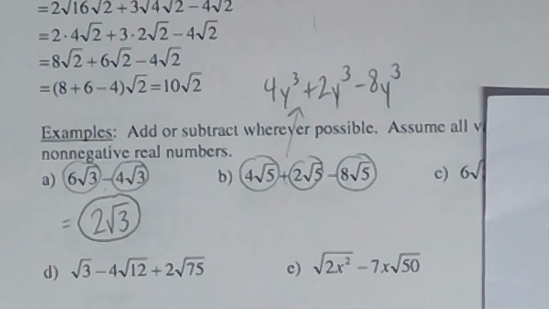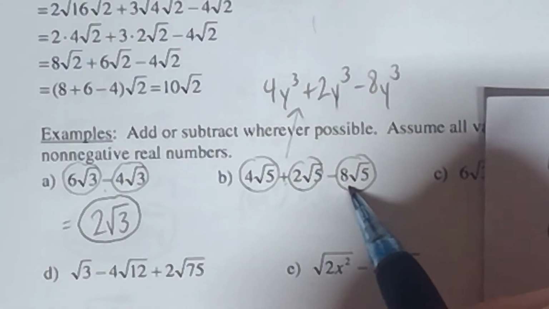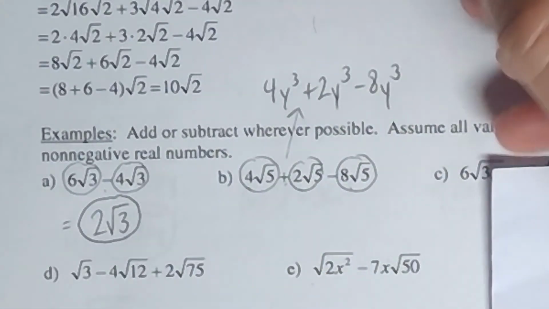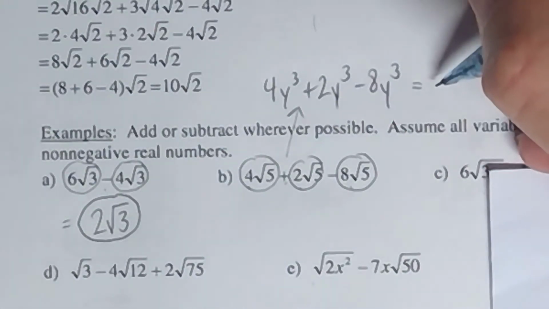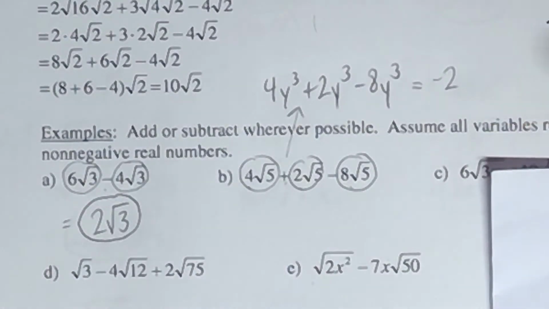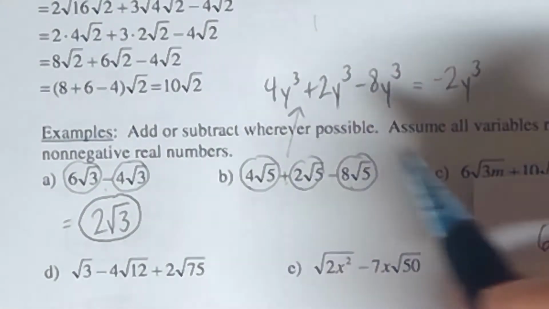And you do it exactly the same way, where the outside parts get added and subtracted, just like they would up here. What is 4 plus 2 minus 8? 4 plus 2 is 6, minus 8 is negative 2. And then the variable part of the term stays the same.